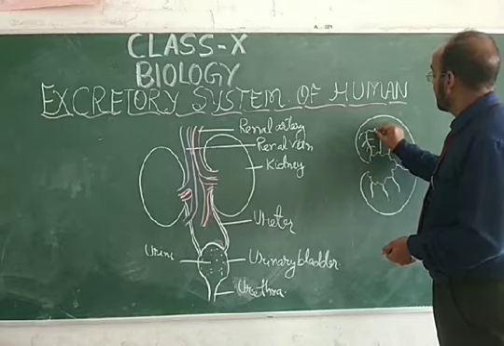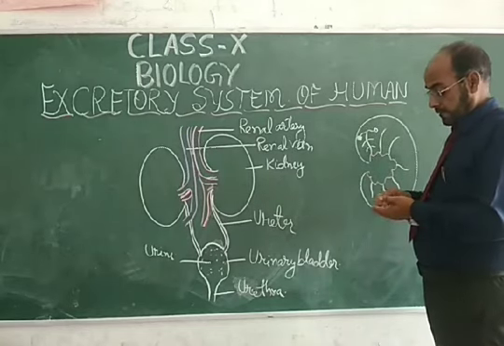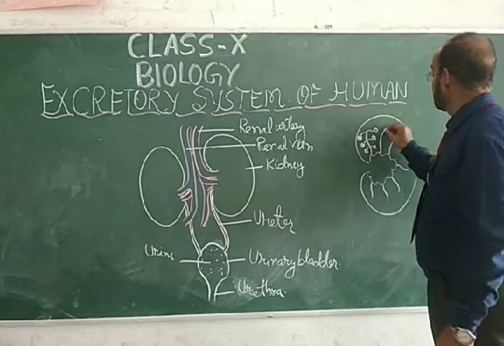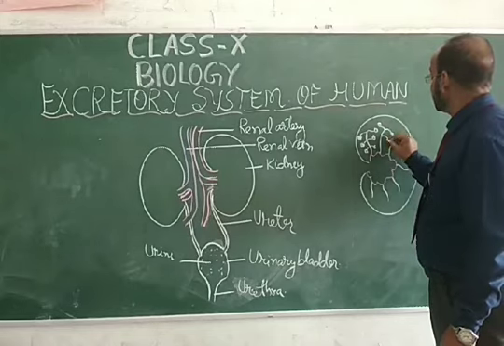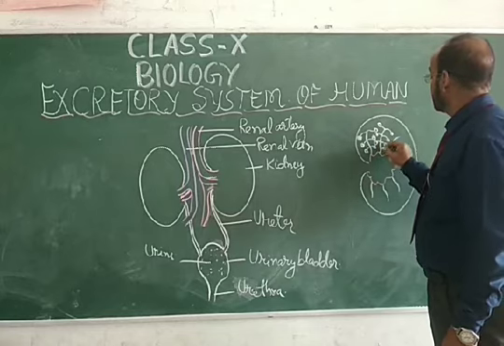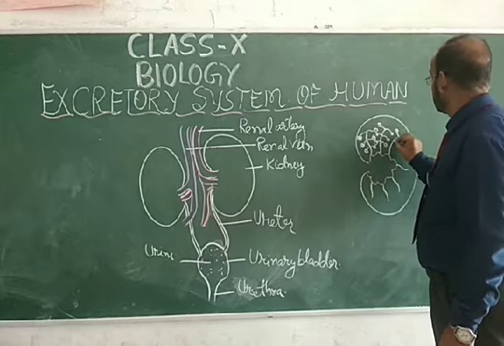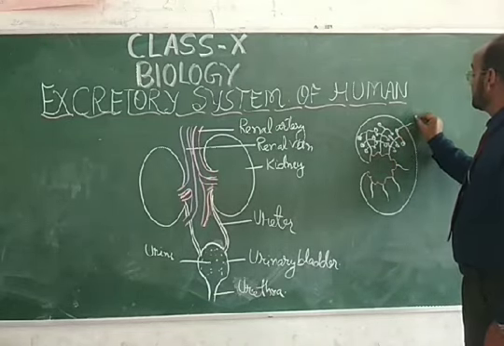These small structures are called nephrons, which are the units of the kidney. Inside the kidney, there are several nephrons working as the filtrating part, and these are the unit structure of the kidney where filtration of blood takes place. So, dear students, these are the nephrons.